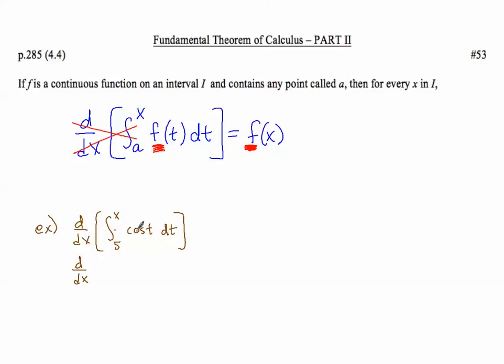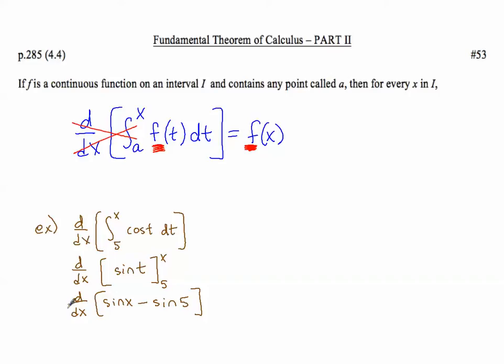So we take the antiderivative of cosine of t, that is sine of t, and we evaluate sine of t from 5 to x. So again, we're doing this part first. That requires plugging in x, so sine of x, and plugging in 5 and subtracting those values.